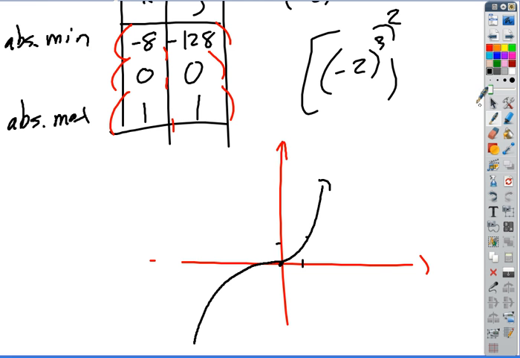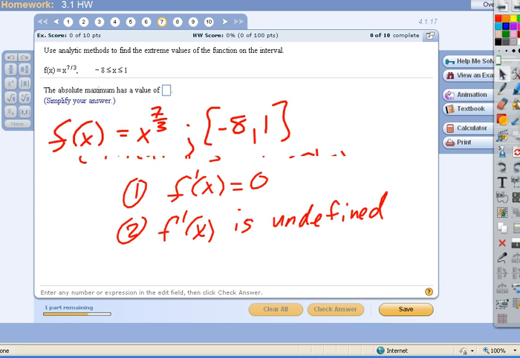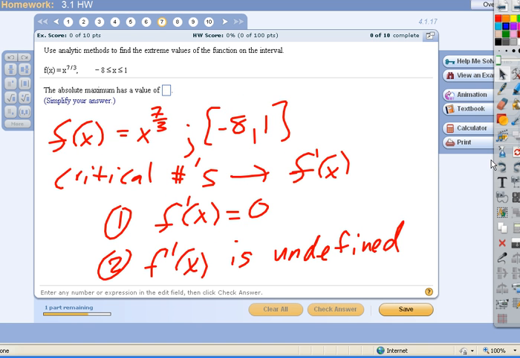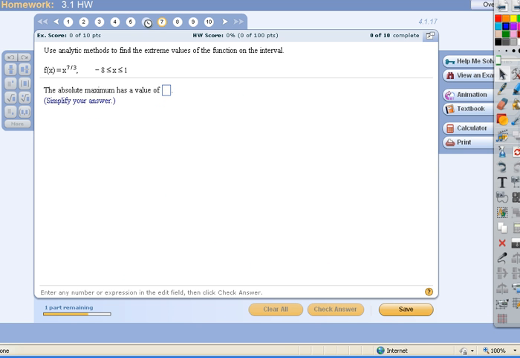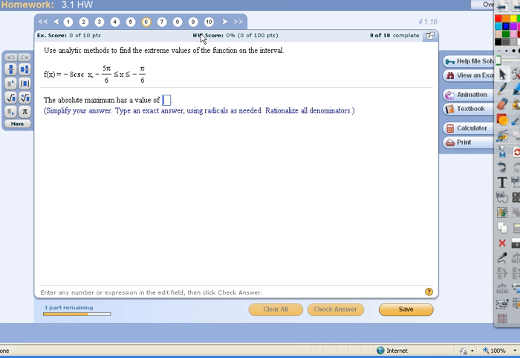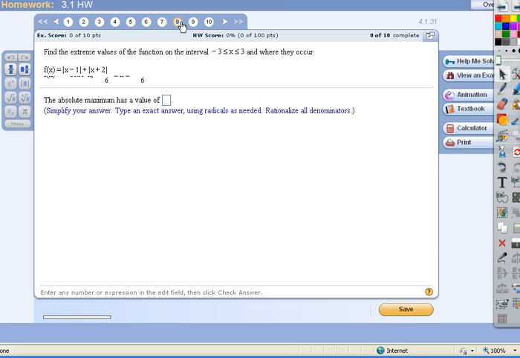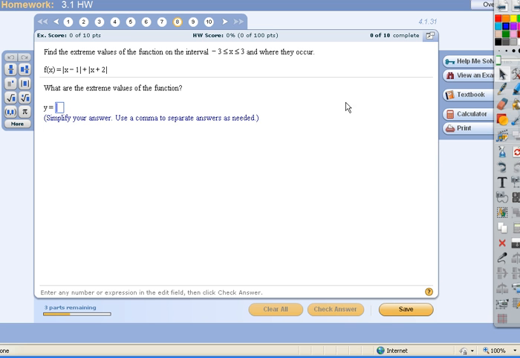All right. Let's see. What else we got? The next one's exactly like this. Yeah, the rest of them are pretty similar. Okay, that one's a little strange. Is that the one you wanted to look at? Oh, okay. It's really not that big a deal.